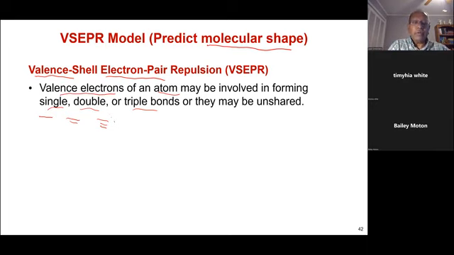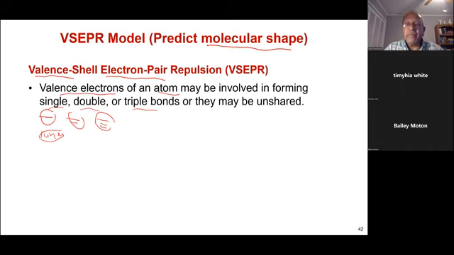They all form a group of electrons. There are more electrons in the single, a little more in the double, more in the triple, and then the lone pairs. So there are 4 things in an atom: single bond, double bond, triple bond, and lone pair.